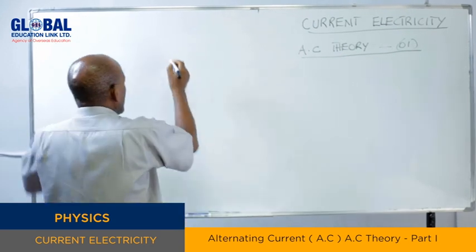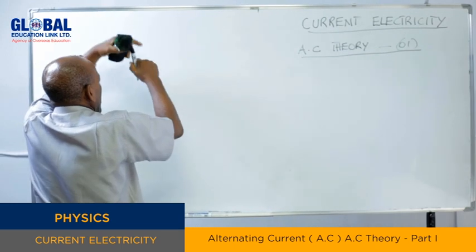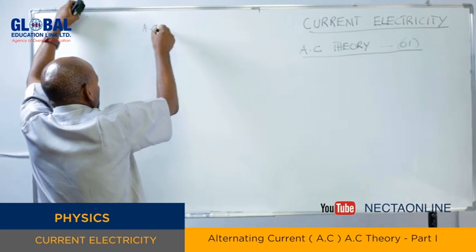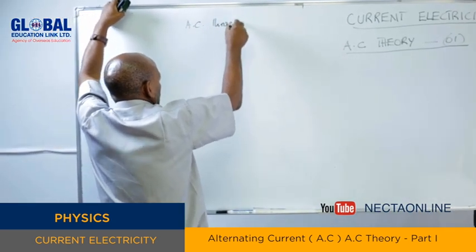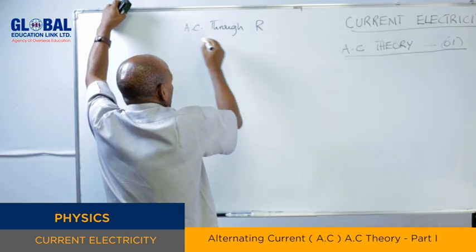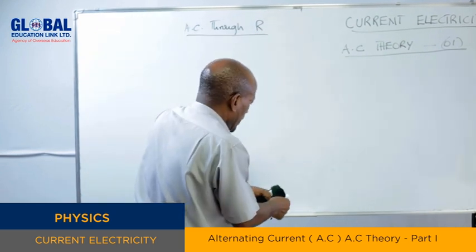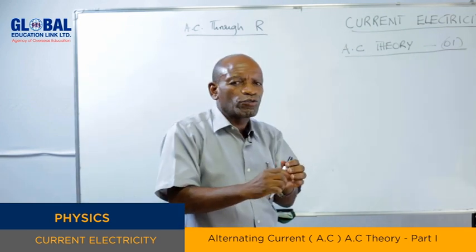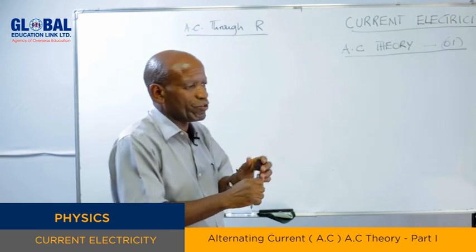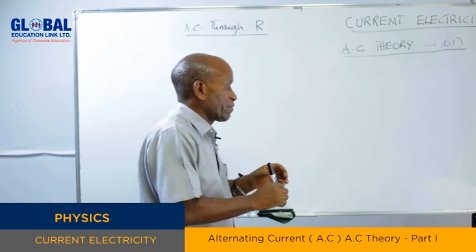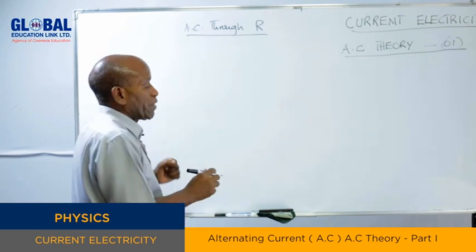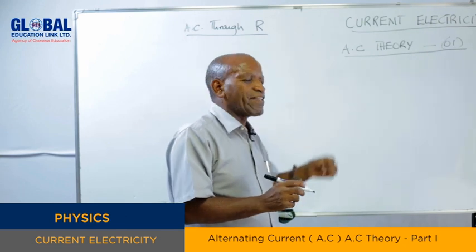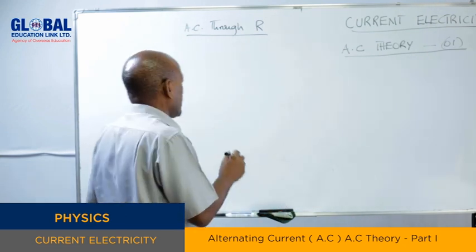First of all, we need to see what happens whenever we have a current made to pass through a resistor. We won't go to first principles, but I'll mention it because I believe you have already done this in class. Whenever an alternating current is made to pass through a resistor, the current and the voltage are always in phase.